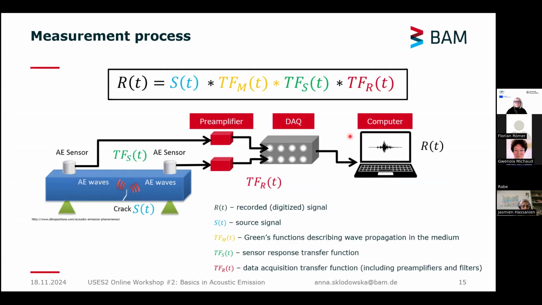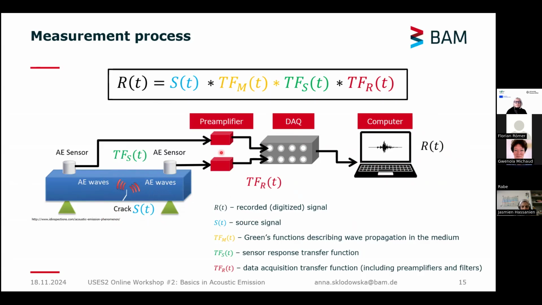All of this measurement chain introduces some kind of transfer function. So what is important to remember here is that the signal coming from the source is not exactly the signal that we are going to record and analyze on our computer.